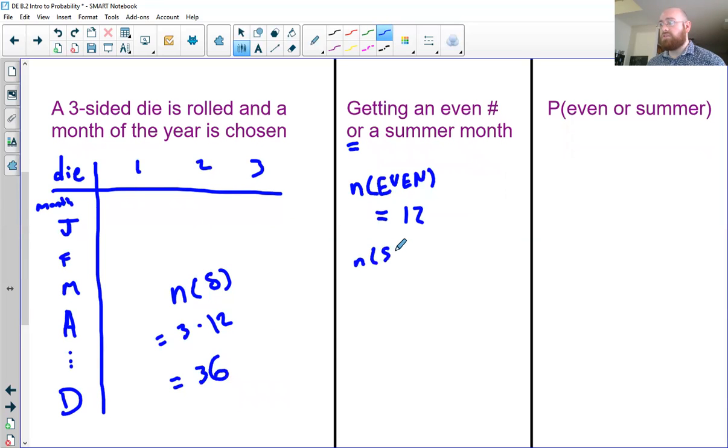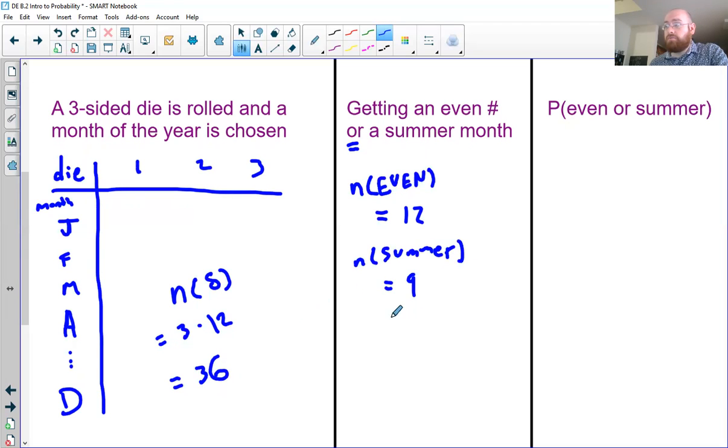The number of summer, well, there are in total 3 summer months, but for each summer month, it's times 3 that it appears in the table. So that would be 9. But we have to be careful because there are some combinations that are both even and a summer month. And so we have to make sure to get rid of those.